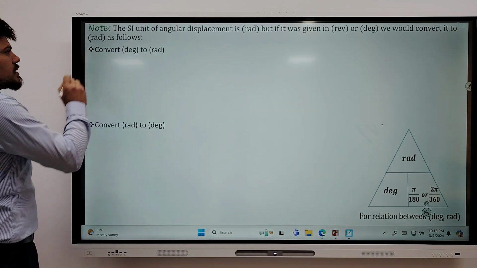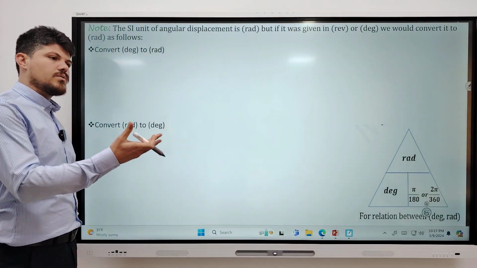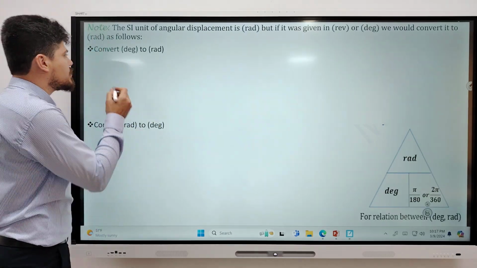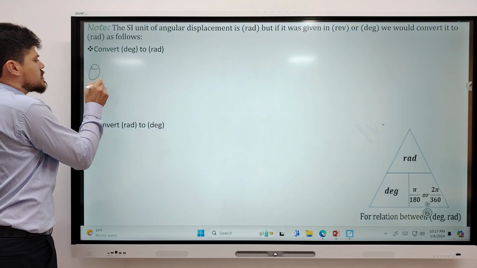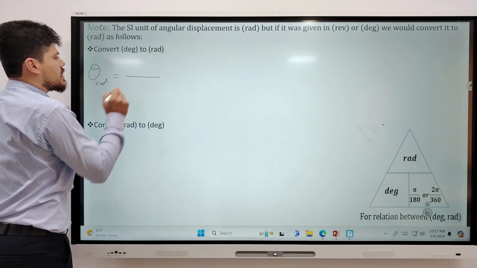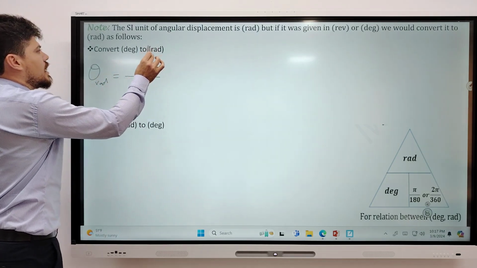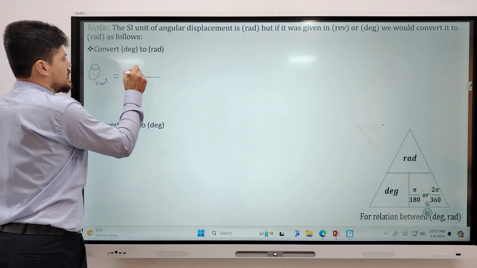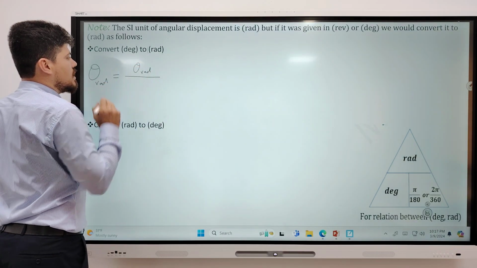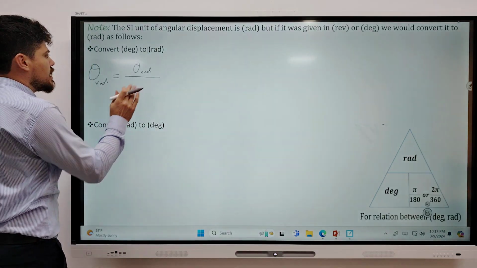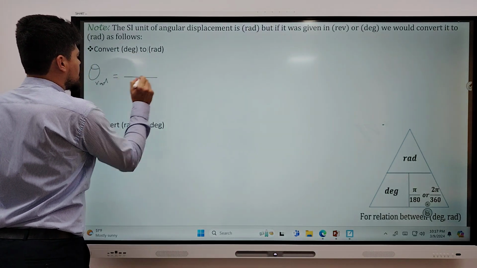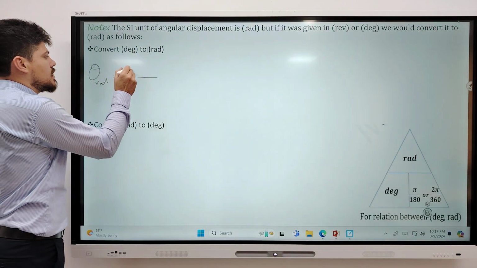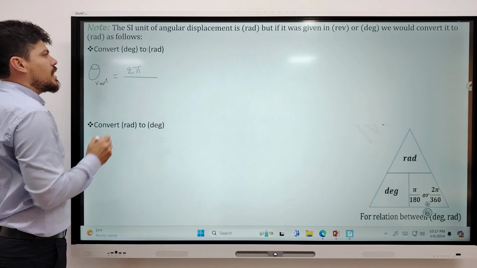Look, convert degree to rad. How can you convert angular displacement in degree to angular displacement in rad? We have to find angular displacement in what? In rad. Make a fraction. To find angular displacement, theta in rad, divided by, make a fraction: for 1 complete cycle, how many rads do we have? 2 pi rad.